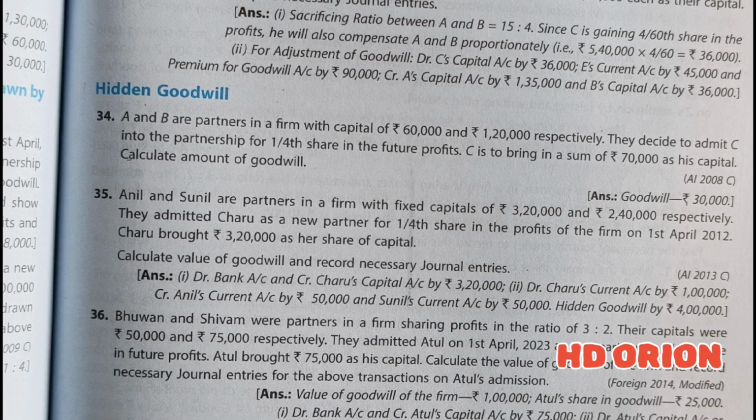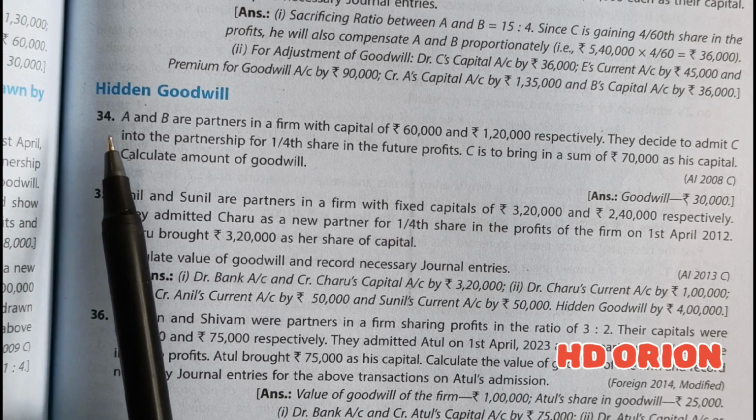So we have to compare the two types of capitals of the business, and the difference between the capitals will be the value of goodwill. So let us see the question and how it is to be understood and which are those capitals which are to be compared to find out the value of goodwill.